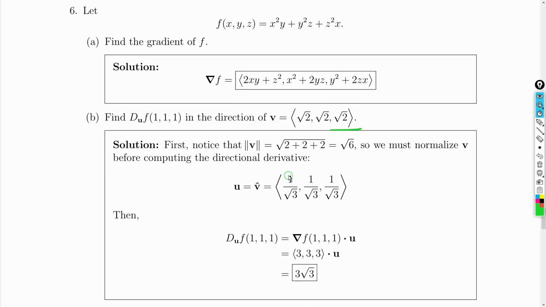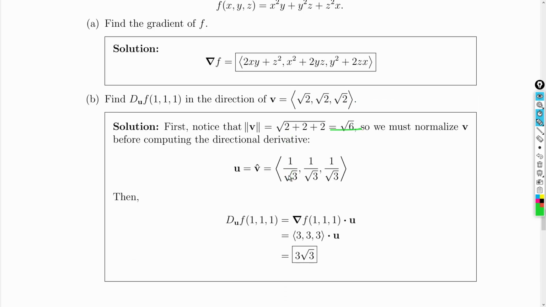Next, the directional derivative in the direction of this vector. So the first thing to note is that with directional derivatives, your direction needs to be a unit vector. And this guy is not a unit vector. So when you compute the magnitude of this, you square each of these components and then sum them together. So you end up with that quantity, which is root 6.